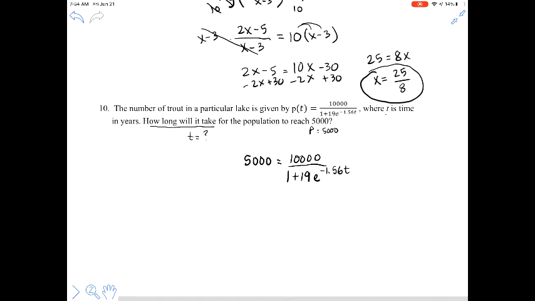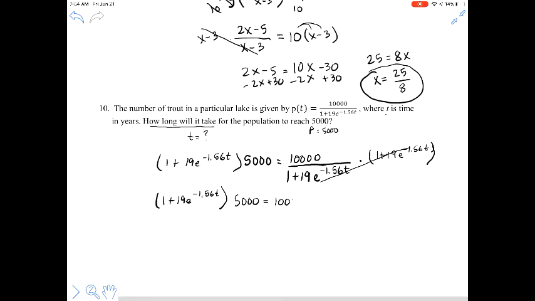So again, I'm not liking this equation with a fraction in it, so I'm going to multiply. That's going to cancel it there, and I'm also going to multiply here. So now rather than distributing, I could distribute, but another way to get rid of that 5,000 is to just divide by it. It's going to make things easier.